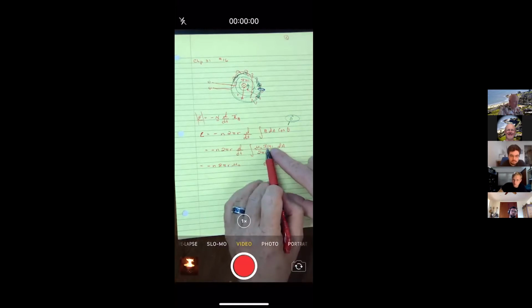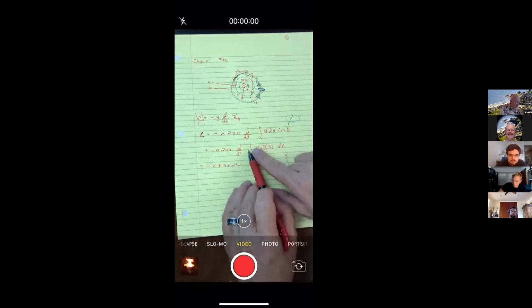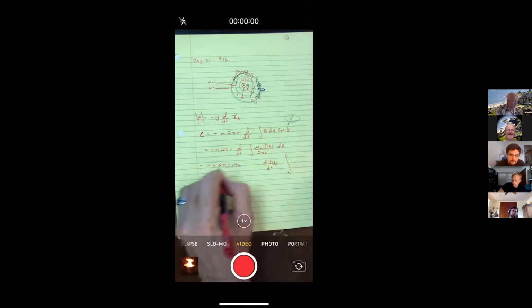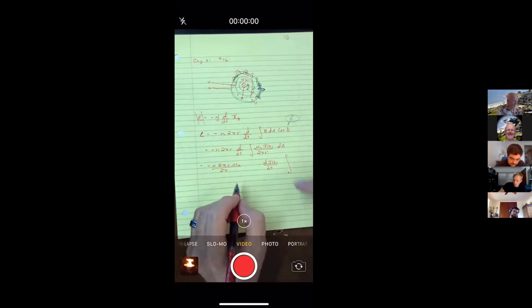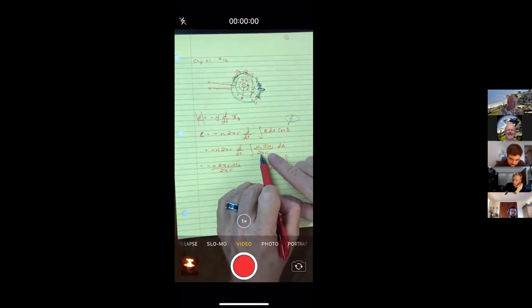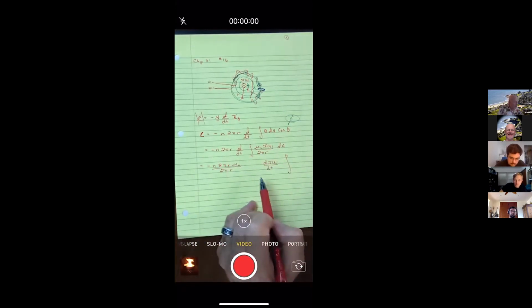So I'm going to pull the current in front of the integral, but not in front of the derivative. The 2 pi r, I'm going to pull all the way out.